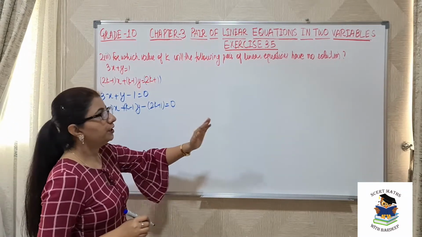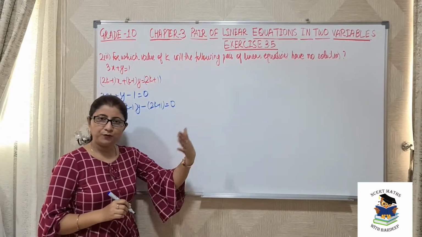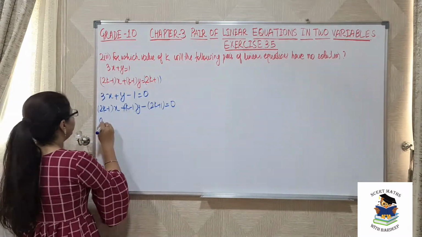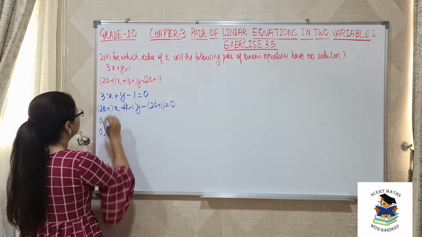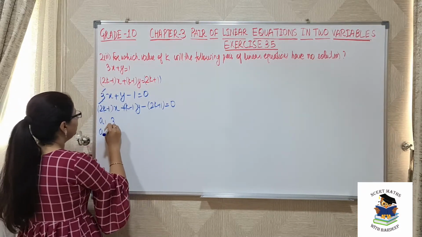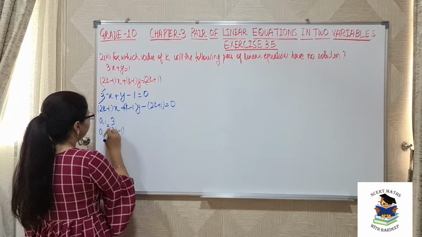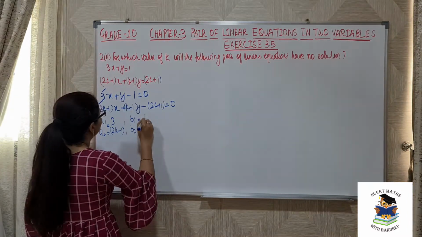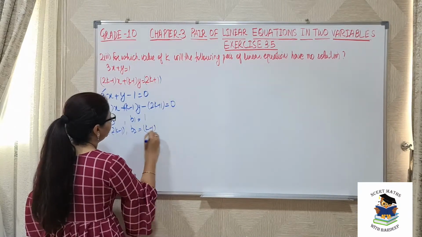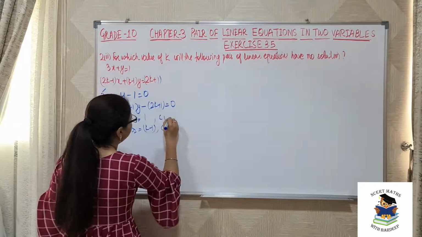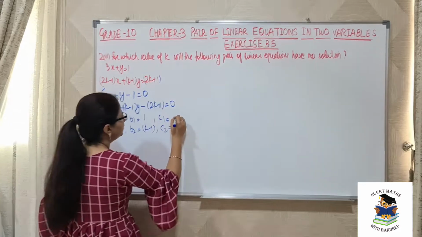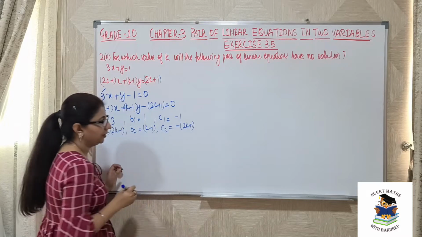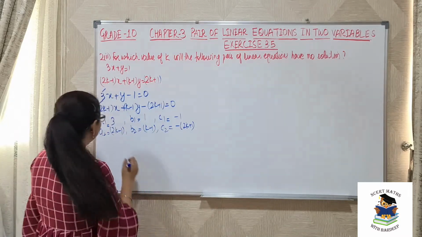So now for no solution, again we need to find the ratios of a1 by a2, b1 by b2 and c1 by c2 first. So let's find the values: a1, a2, that is the coefficient of x, this is 3 and 2k minus 1. b1 is 1, b2 is k minus 1. Now c1 and c2 are minus 1 and minus of 2k plus 1. So now what is the condition for no solution?